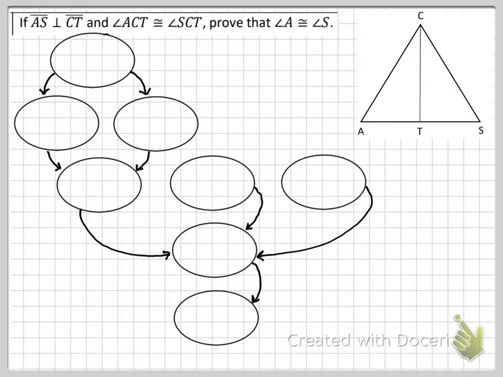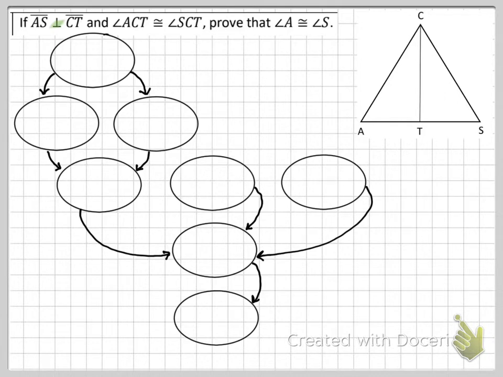So if we take a look at the given statement, I have AS perpendicular to CT, and then I've got this little marker there. A reminder from previous years, that marker, the upside down symbol that looks like a capital T that's been flipped over, is perpendicular.